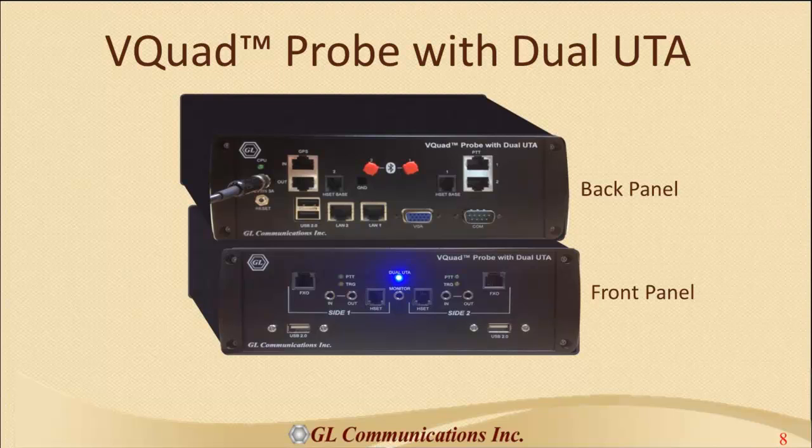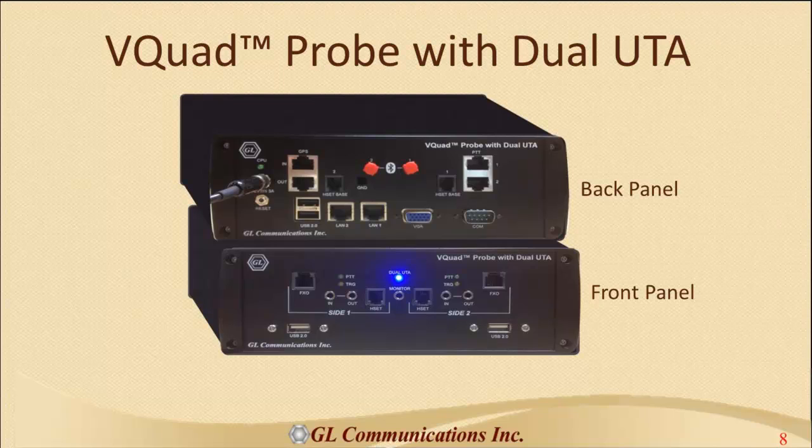This is our Vquad probe. The Vquad probe is an all-in-one, self-contained system. It comes as a system, whereas the dual UTA is just a USB portable device. It has 4 USB ports. It has 2 LAN ports where you can connect to Ethernet, or you can connect for powering the phones.